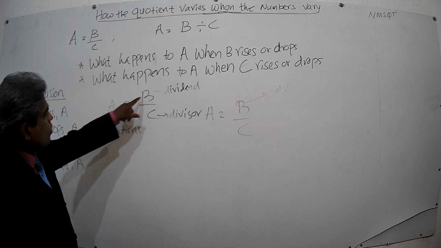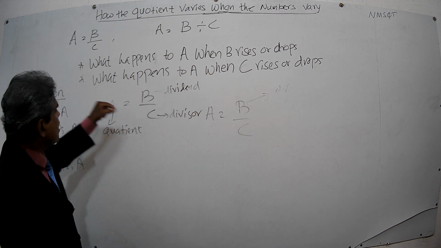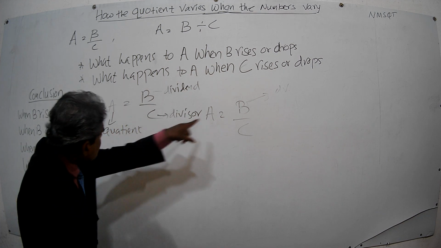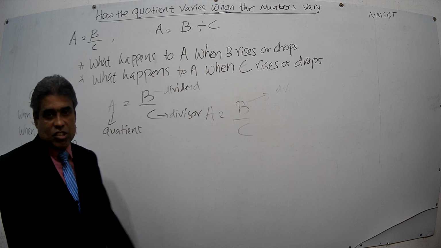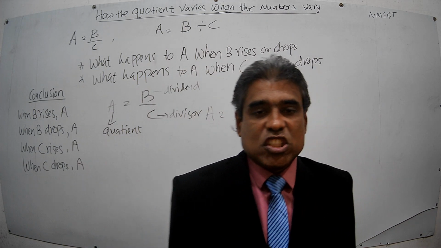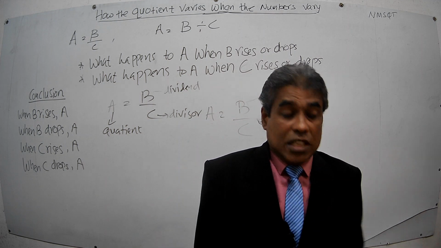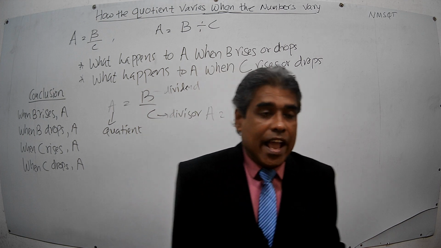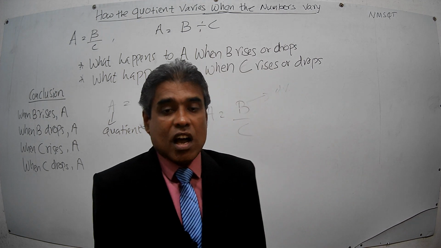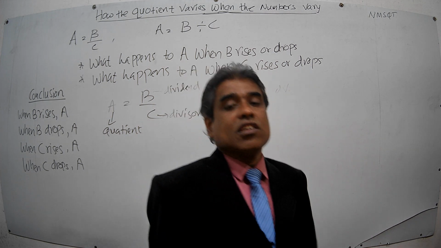A is the quotient, B is the dividend, C is the divisor. When the dividend changes, A changes. That is, when the dividend changes, the quotient changes. When C changes, the quotient also changes. Now we are going to study how the changes in dividend and divisor affect the quotient. That is what we are going to study in this video.